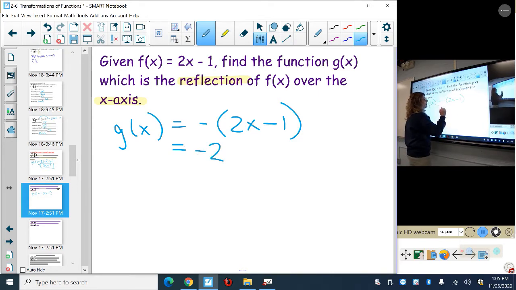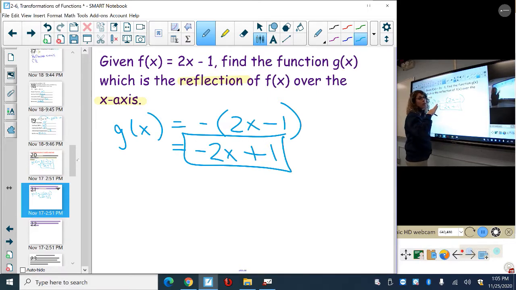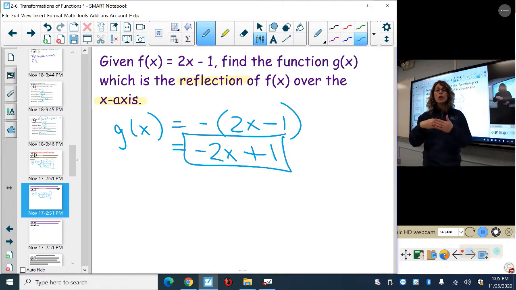When we do that, we get negative 2x plus 1, and that is the reflection over the x-axis. When you are reflecting over the y-axis, the x changes values from positive to negative, so you replace x with negative x. When you're reflecting over the x-axis, your y values change, so you multiply the entire function by a negative 1.